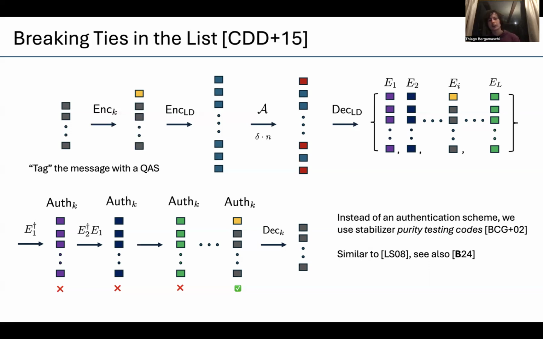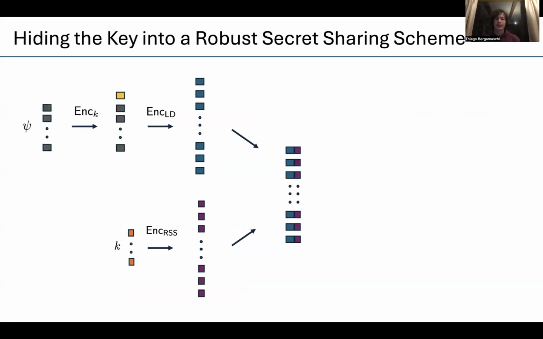Great. So to conclude our construction, note that authentication codes actually need a secret key. And in principle, the decoder doesn't have access to this secret key. So to convey this information to the decoder, we leverage a technique known as code blocking, where we take our secret key K and encode it into a classical robust secret sharing scheme, in purple.